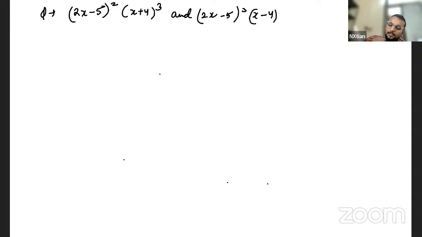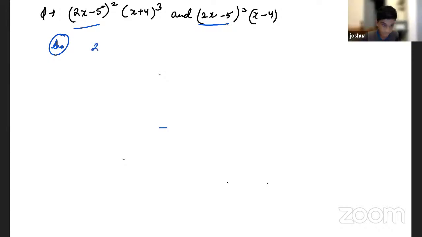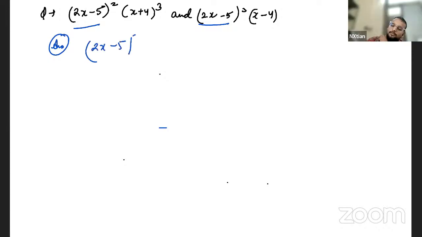So, Joshua, what is the common? This thing and this thing are common, yes or no? They are the same. Now, the lowest power is 2, so 2x minus 5 has a power of 2. Now, the second one common is this one and this one?